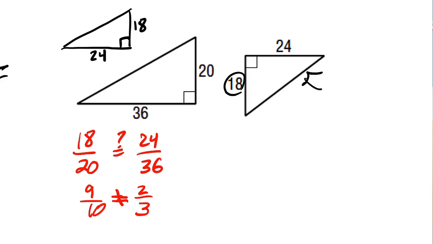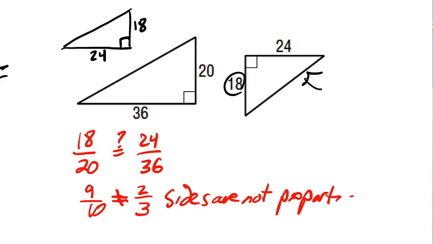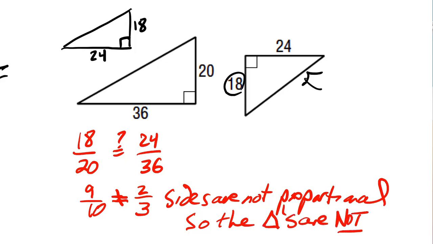They're not equal, so we would say the sides are not proportional. So the triangles are not similar. So this is the case where the two triangles are not similar, whereas the first two were similar.